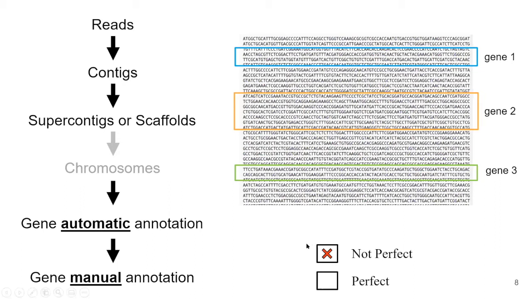Again, the automatic annotation is not perfect, and it doesn't replace a human coming to check each one of those genes, but the human cannot do them all. So that's why the first pass is the automatic annotation.